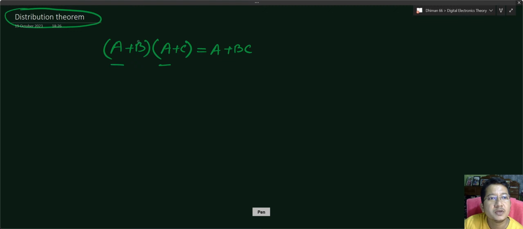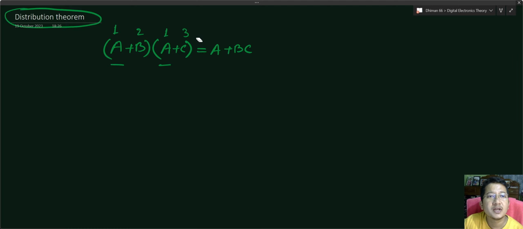So we can number them: suppose we number A as 1, B as number 2 and C as number 3. So we are writing 1 plus 2 multiplied with 1 plus 3. We have 1 in common, and we get the expression A plus BC using this theorem.